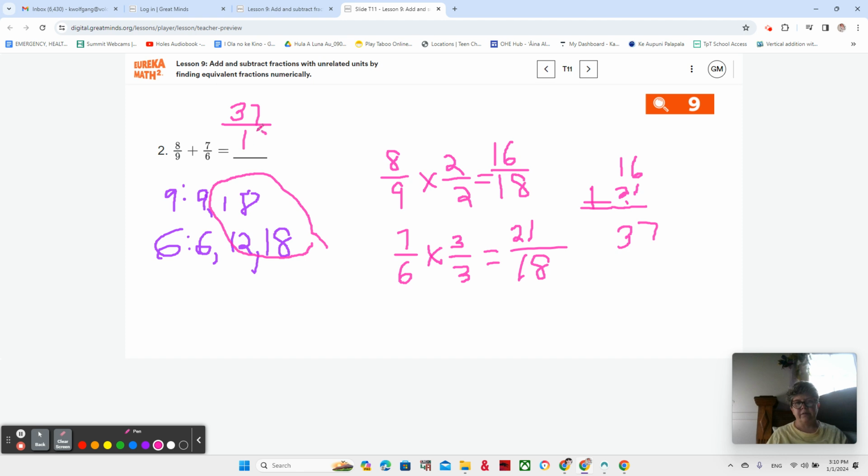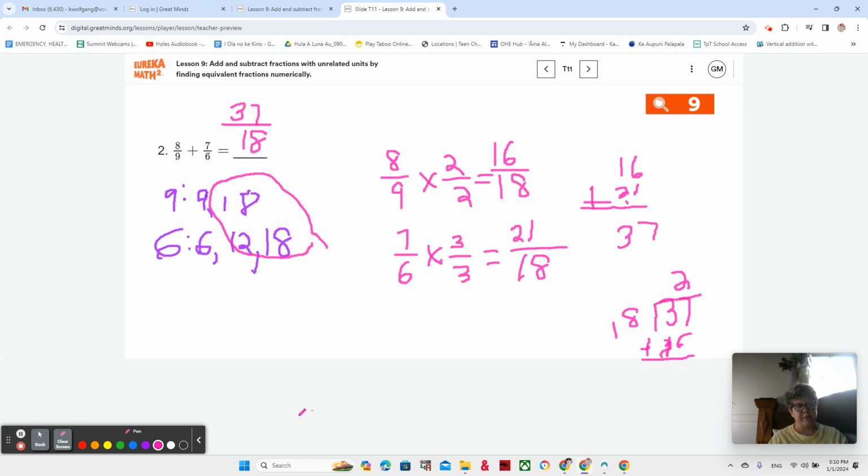And for now, you can leave it that way. In the next section, section C, we're going to be looking more at improper fractions and mixed numbers. But if you did want to, you could drop the 37 into the division problem and divide it by 18. I happen to know that 18 times 2 is 36, because I worked at a school where there was 18 in every class, and 2 classes would be 36.